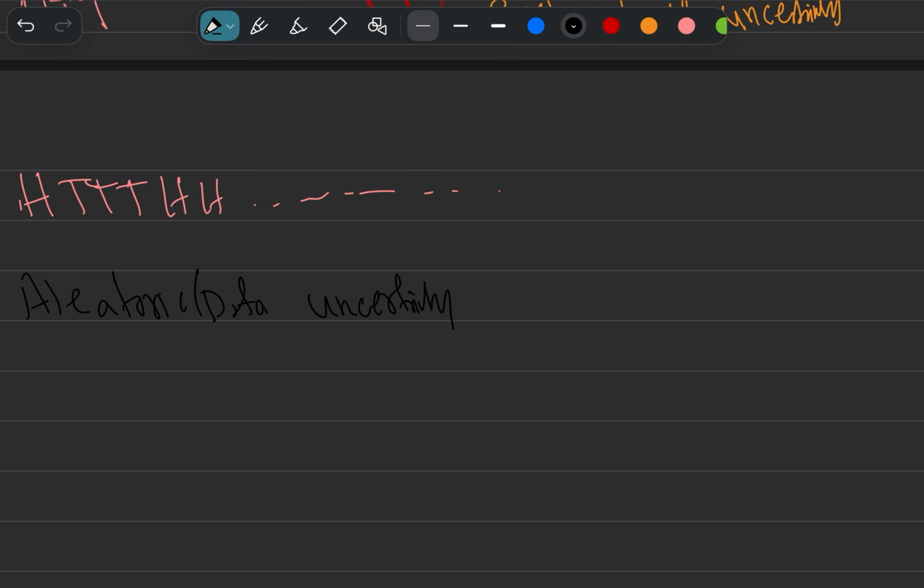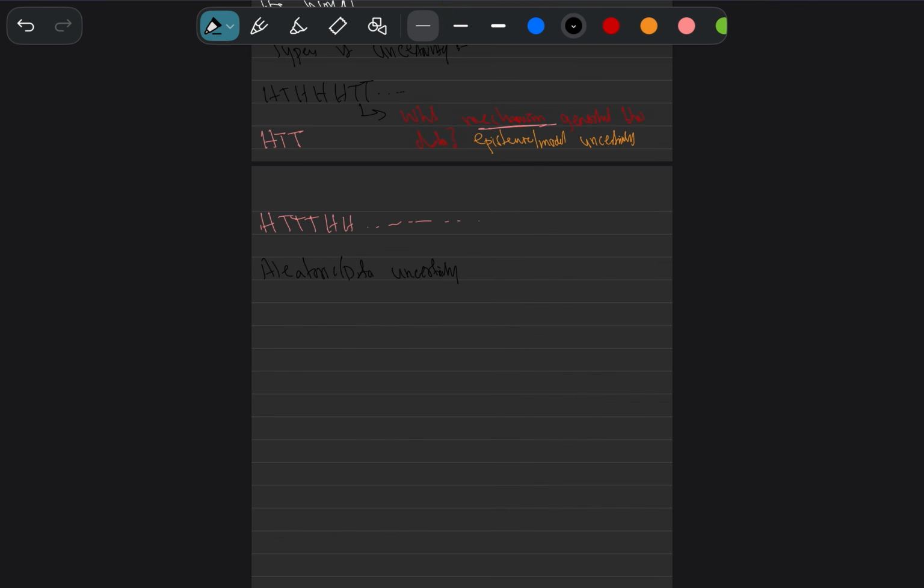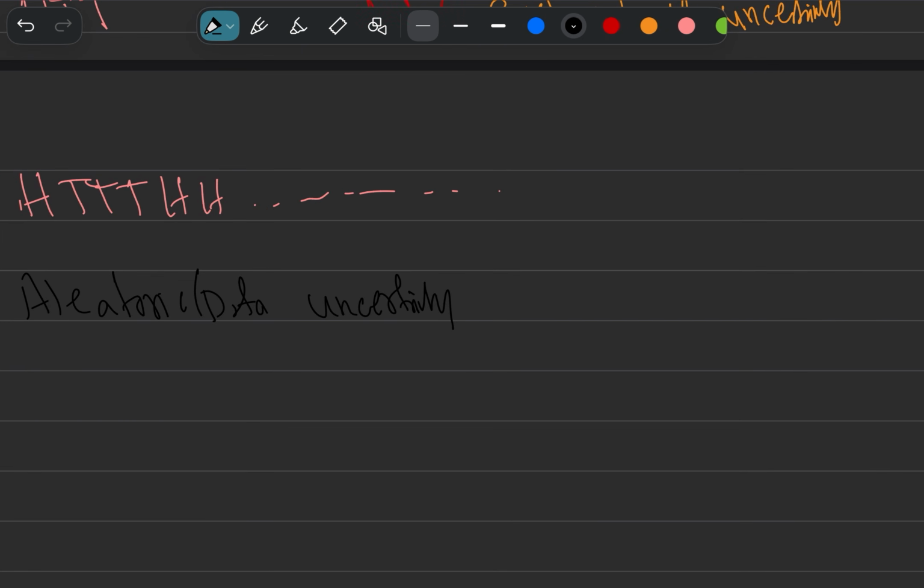So that is aleatoric, where alea, the way I remember, is from the famous phrase of Caesar, alea iacta est. Alea basically means dice. The die is cast. So this is data uncertainty, and this cannot be resolved.